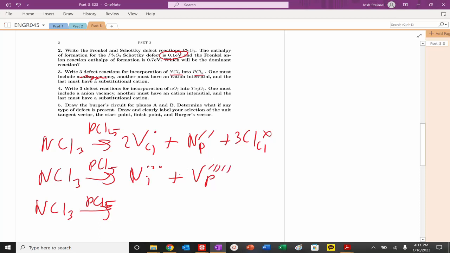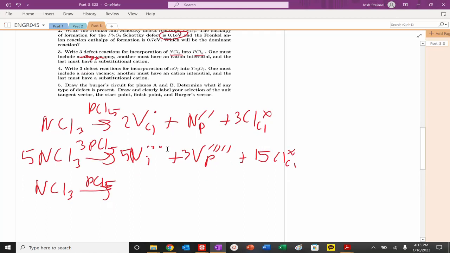So I could do 5 here, I could do 3 here. Let's take a peek at those. If we do this, now we need to put 5 here. We also need to put 3 here. So I think we're good on that side. Now we just need to put 15 Cl, and I think that we're good to go. We got it. Fantastic.